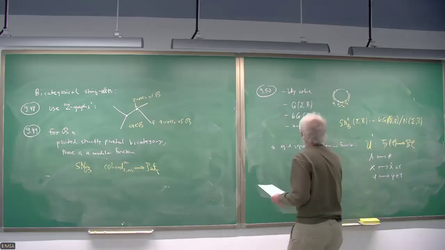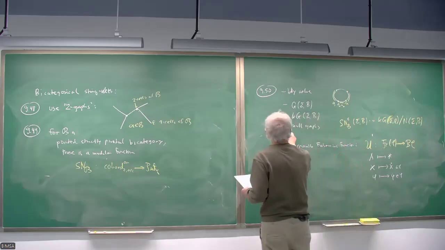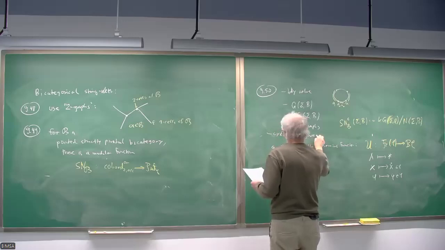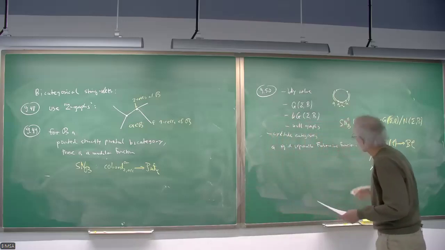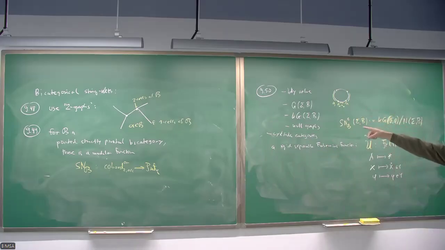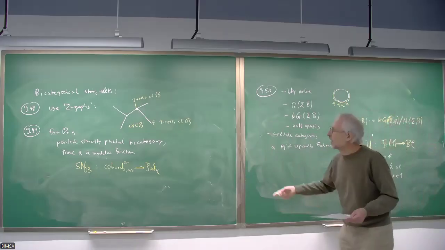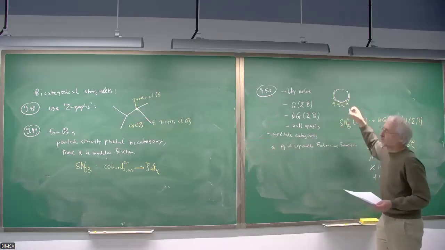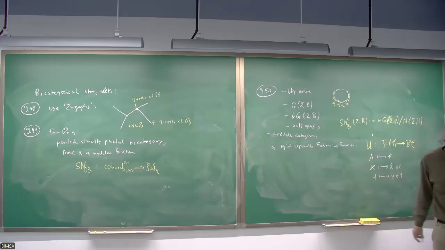Then the next step were cylinder categories, where objects are boundary data, and morphisms are now string nets in the new sense, 2-graphs, which are compatible with the boundary values. Not much new.